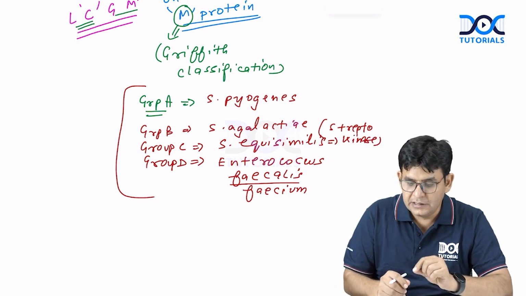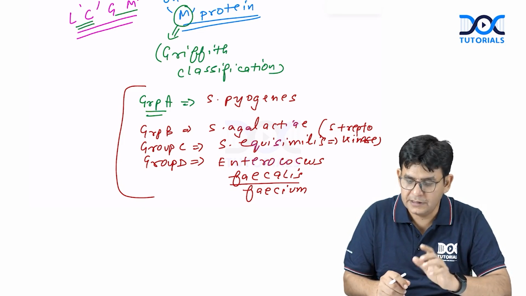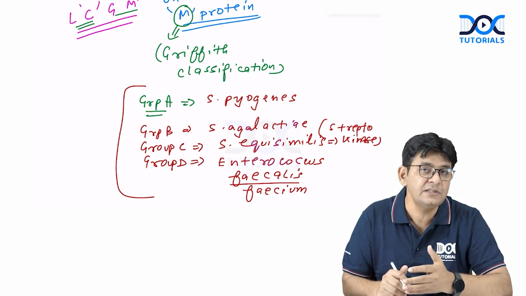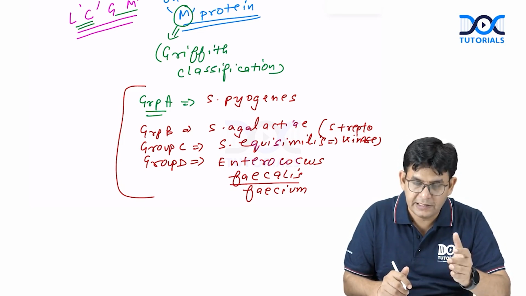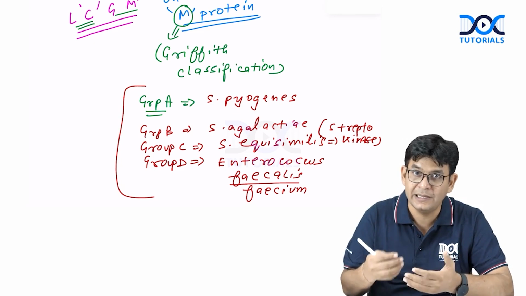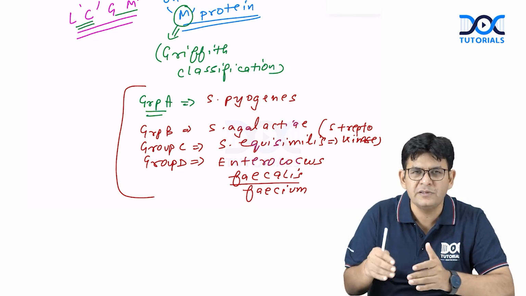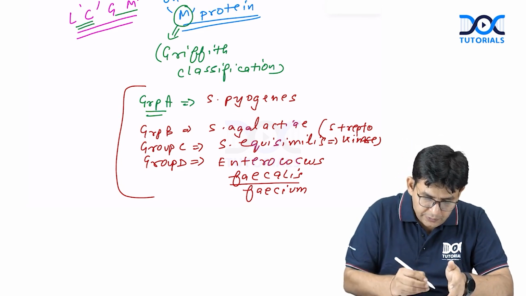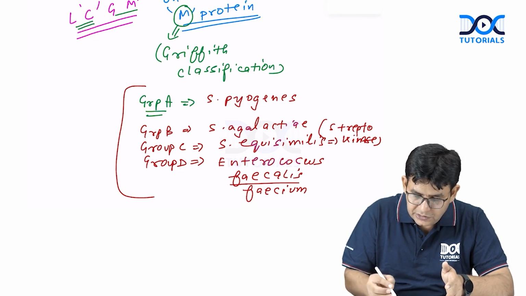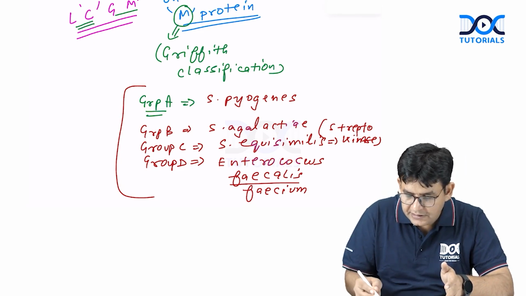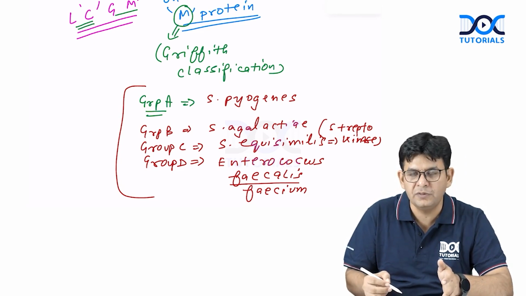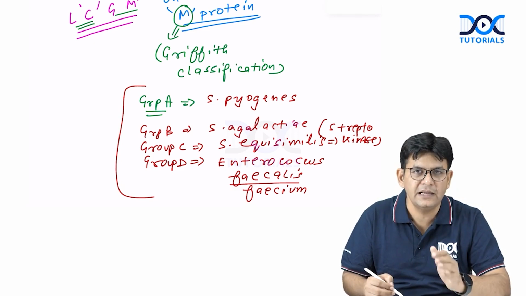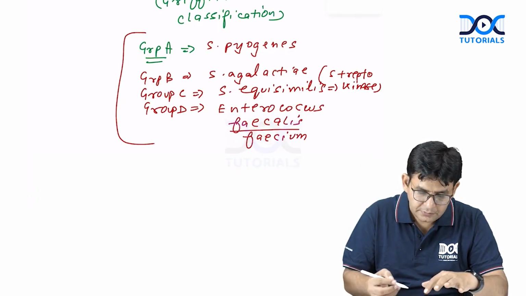Equisimilis is used to produce what? Streptokinase. Even pyogenes is used to produce streptokinase. That's the relevance of this. Now, remember this: group A is pyogenes, group B is agalactiae, group C is equisimilis, and group D is a controversial one, Enterococcus faecalis and faecium. Is it fine?